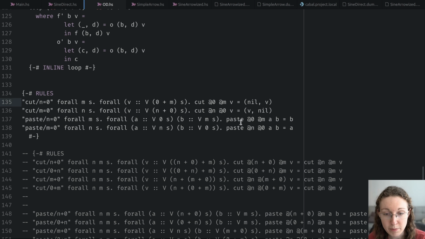And similarly for paste, if we have paste 0 on the left-hand side, then a is always going to be nil. And we don't really need to worry about computing a at all. We can just drop it, and then we can just keep b. This is actually a powerful rule. And again, this is taking advantage of Haskell's purity. Because a could be some arbitrarily complex expression that does some very complicated computation and just happens to end up producing nil as its result.